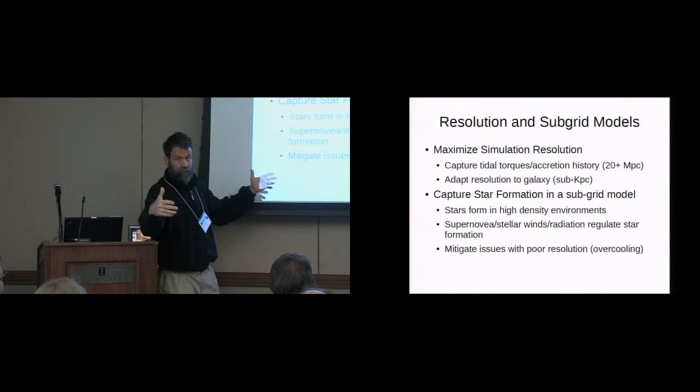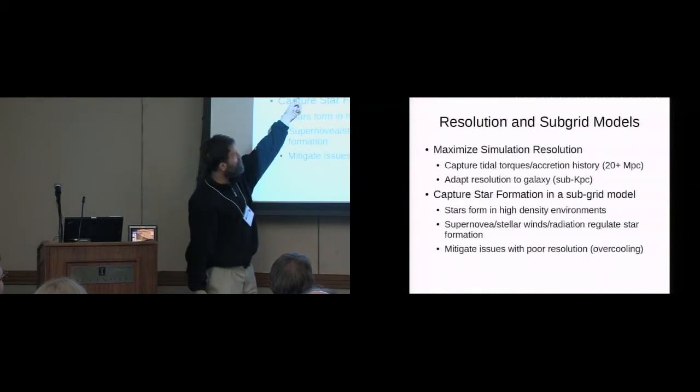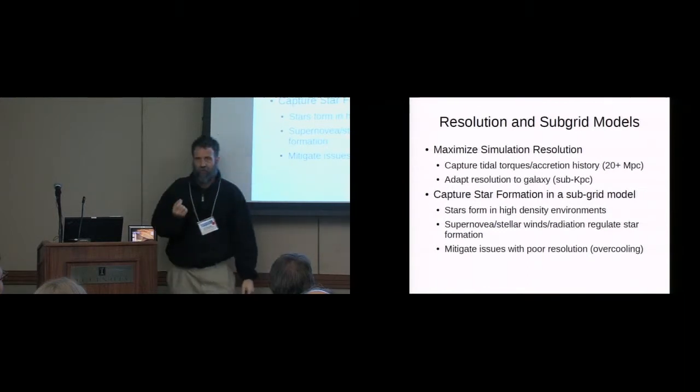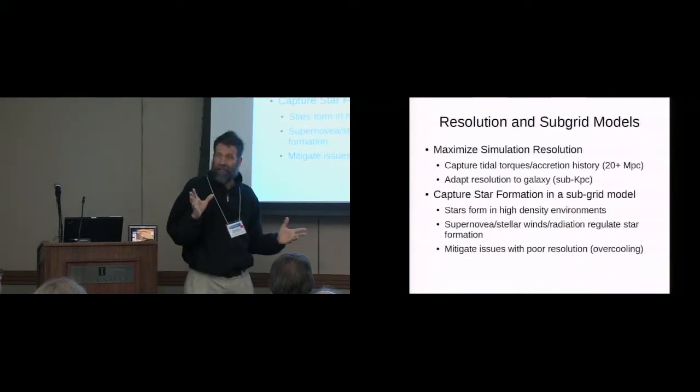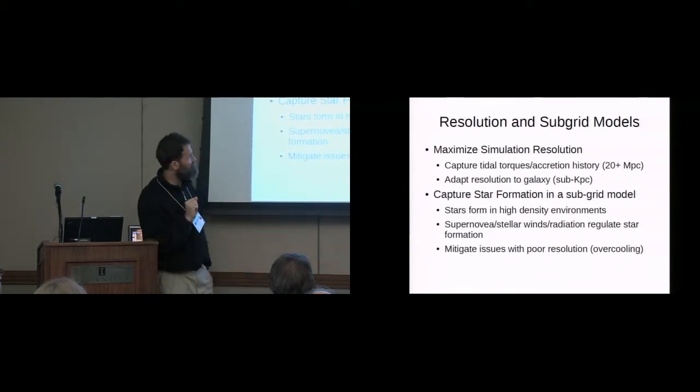So that's our large-scale side, but we want to adapt resolution to a galaxy so we can get down to the sub-kiloparsec scales. In particular, we have giant molecular clouds, hundreds of parsecs, slightly smaller. If we can resolve those, then we have some idea of the spatial location of star formation.